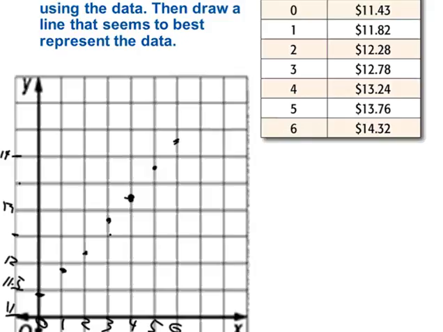If I try to get my best fit on each of those, not a very good line there, but somewhere along that line should be a straight line. If I had a ruler, I could make it much straighter. Okay. Definitely a positive relationship.